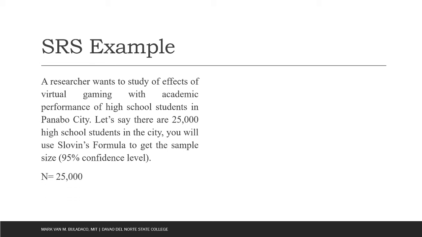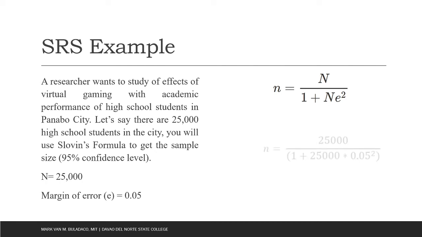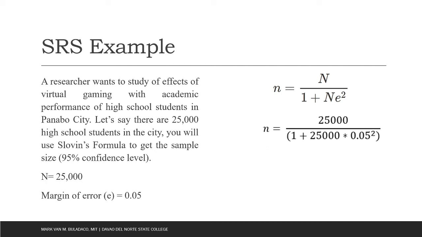So we understand that the population of high school students is 25,000 and our margin of error is 0.05, which is acquired based on our defined confidence level of 95%. This is our Slovin's formula, and we just substitute all the available values.